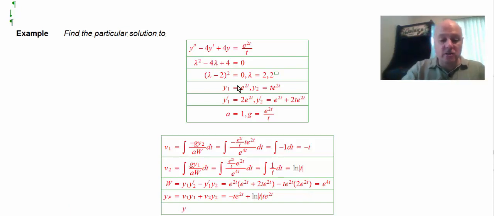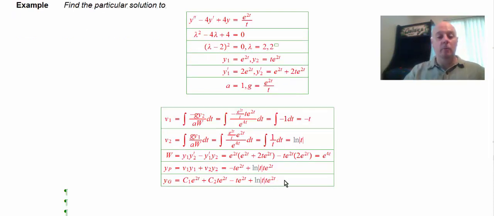Let's get the general solution because there's a point I want to make here. The homogeneous solution would be C1 y1 plus C2 y2, which would be t e to the 2t, plus the particular solution. There's my answer. Homogeneous solution plus the particular solution.